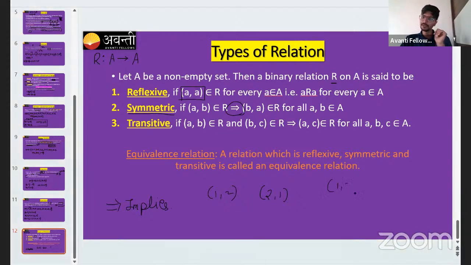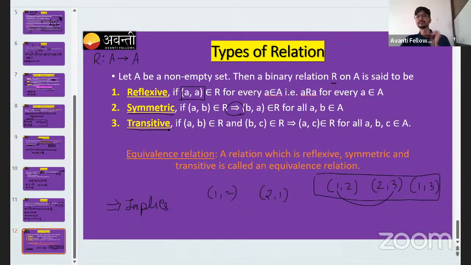If say (1, 2), (2, 3) and (1, 3) are present in the relation, that is, (a, b) is present, (b, c) is present, and (a, c) is also present. If all three elements are present in the relation, I call the relation a transitive relation.